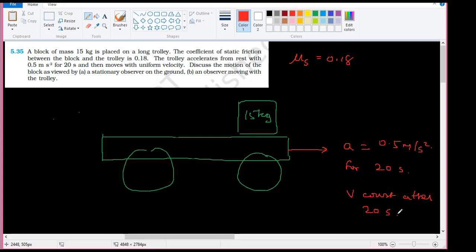Discuss the motion of the block as viewed by a stationary observer on the ground, and an observer moving with the trolley.